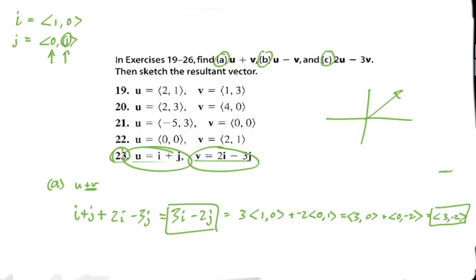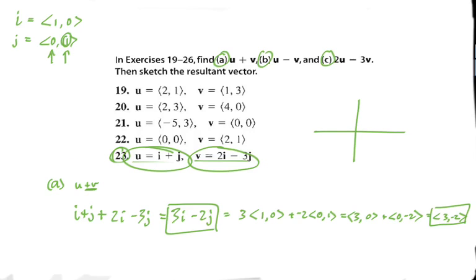And if I left it in terms of the unit vectors, that's what that would look like. Okay, so there's 2 ways to write that answer. But then it says sketch the resultant vector. Okay, what the heck does that mean? Okay, so let's say that we're just doing what it says. This says right here, u added to v.